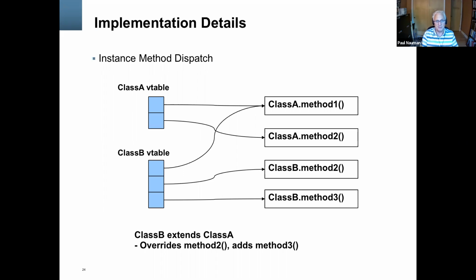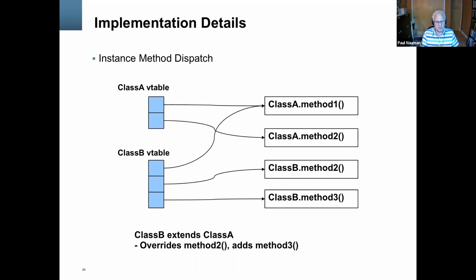Method 2, however, B did override, redefine, and so the second entry in each vtable always points to method 2, and you can see that there's actually 2 different implementations, Class A.method2 and Class B.method2, and those entries point to the appropriate method. And then finally, because Class B has added an additional method, the third entry in its vtable will point to that method.